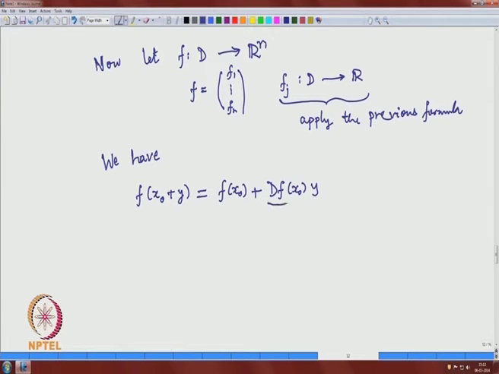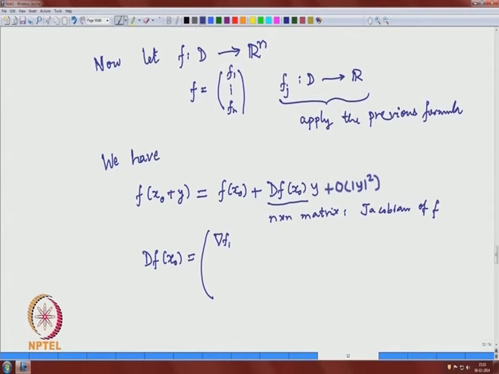So this is an n by n matrix, and this is called the Jacobian of F. If you look at the previous formula and apply to each f j, this df at x 0 is nothing but a matrix, where each row is the gradient of f1 at x 0, up to the gradient of fn at x 0.